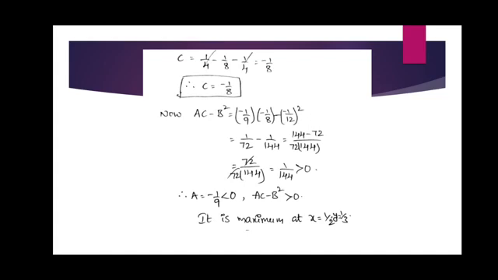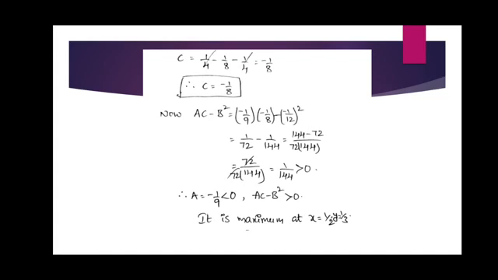This is not a minus value, so it must be positive, greater than 0. AC minus B square value is 1/144. There is no minus, so it is not negative, it is positive. So this is greater than 0. Already we have A is equal to -1/9, so A is negative and AC minus B square is greater than 0.